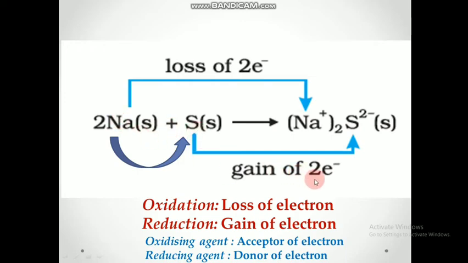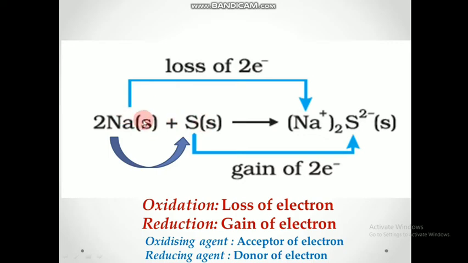So here the one who got negative charge, or gained the negative character, is getting reduced. So as we told, reduction is for the one who accepted the negative charge, and the one who lost the negative charge and became positive is getting oxidized. And who is the oxidizing agent here? The one who oxidizes, or the one who helps oxidation. So sodium is getting oxidized.